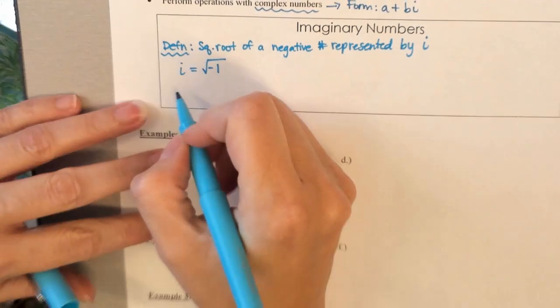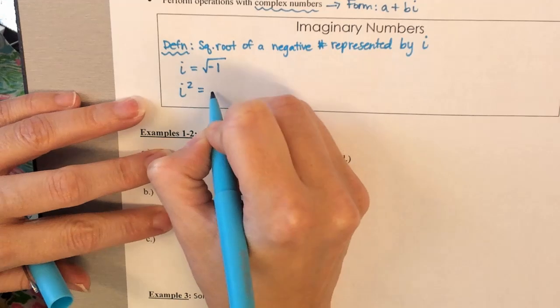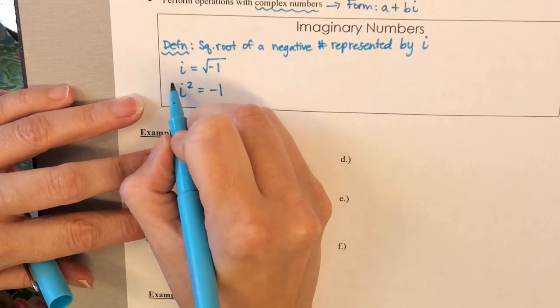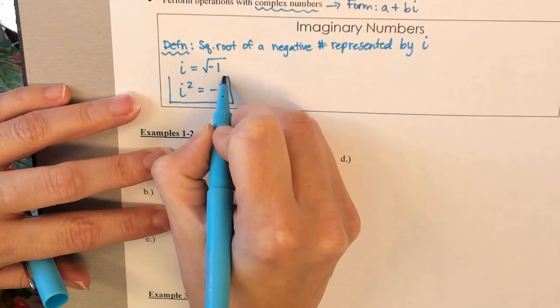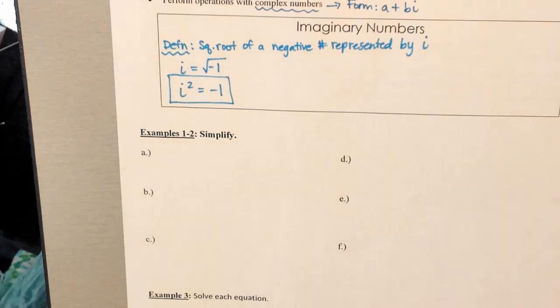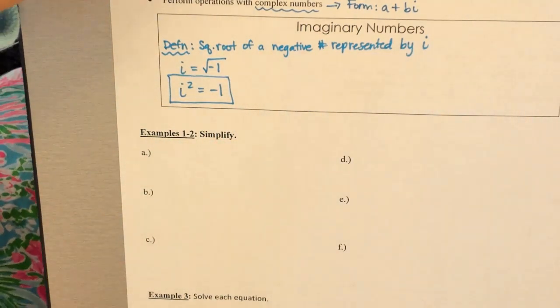And I squared is defined as -1. We're going to put a box around this because this is what we're going to be using the most today.